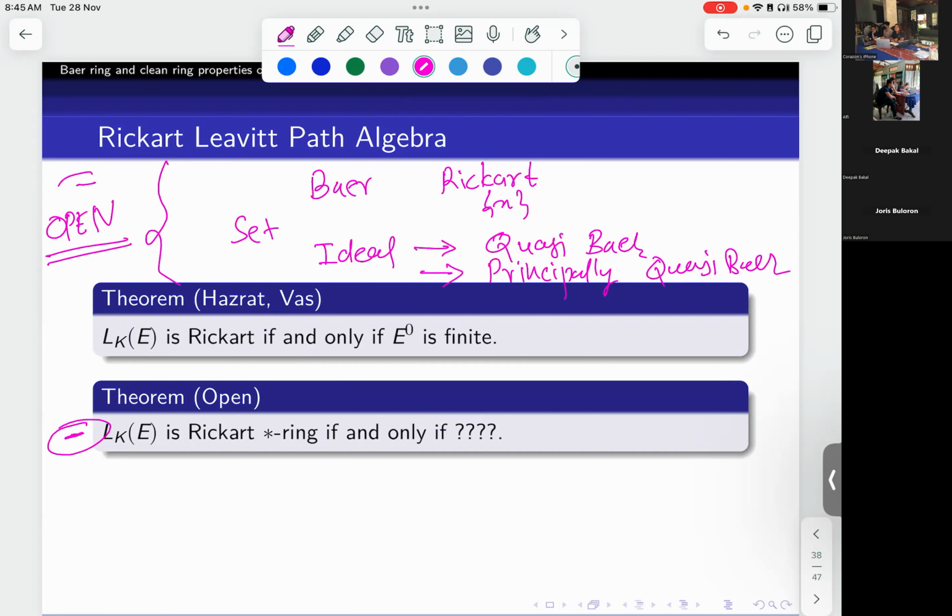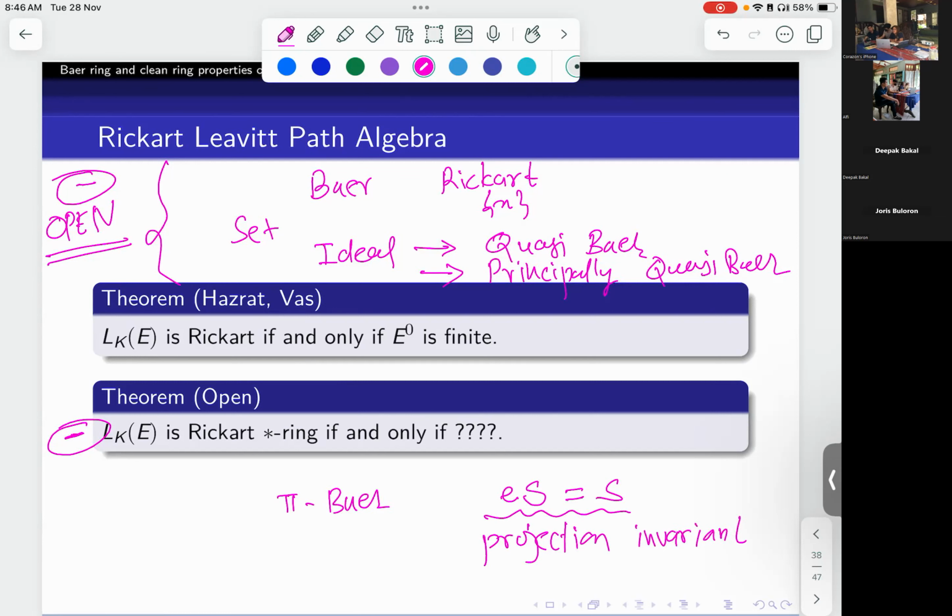For this, we will need to do a little more literature survey, but I think it is open. And there is something called pi-Baer rings, which are recently defined. Instead of considering the annihilator of any random set S, you consider a projection invariant set: if eS equals S for projections e, such a set is called projection invariant. If you consider the annihilator of this and it is generated by a projection, it is called pi-Baer.